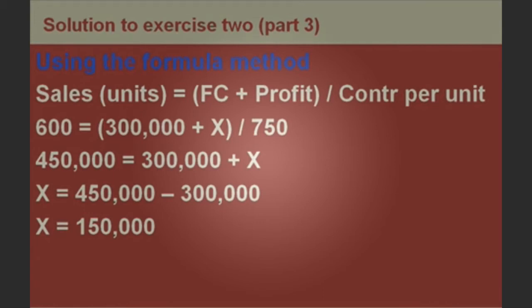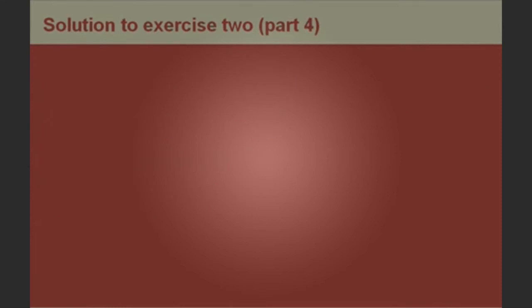Now, let's try part 4, where you got to evaluate a marketing strategy. I think you already tried it, so let me give you the solution. Let me do the equation method first.